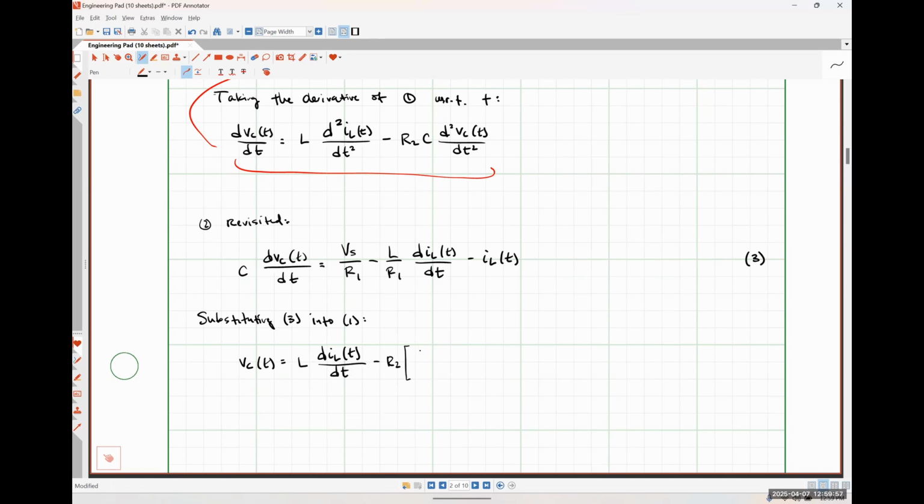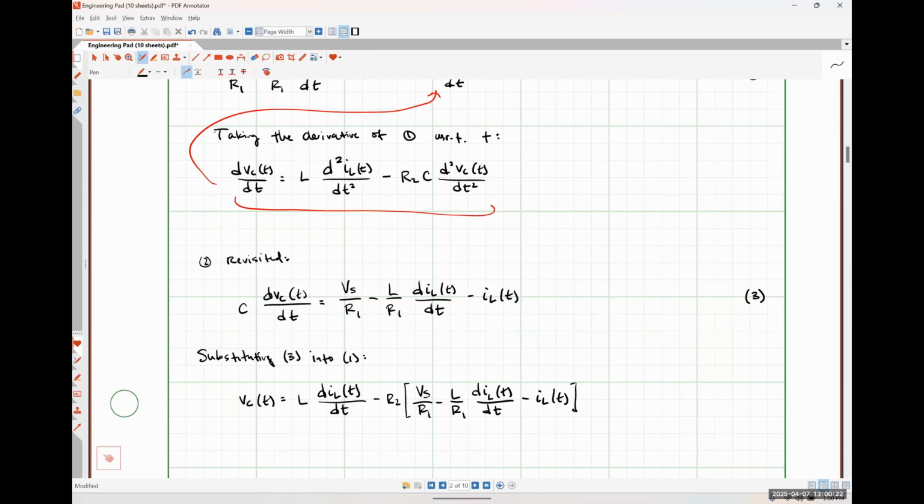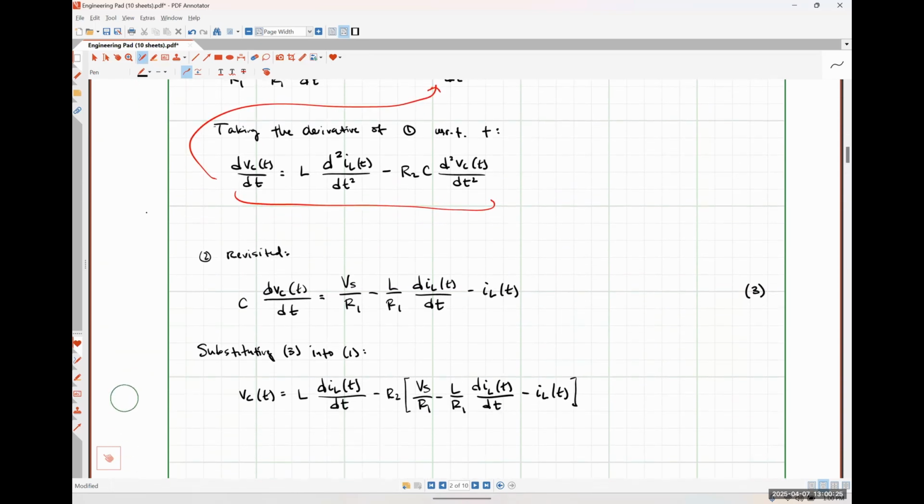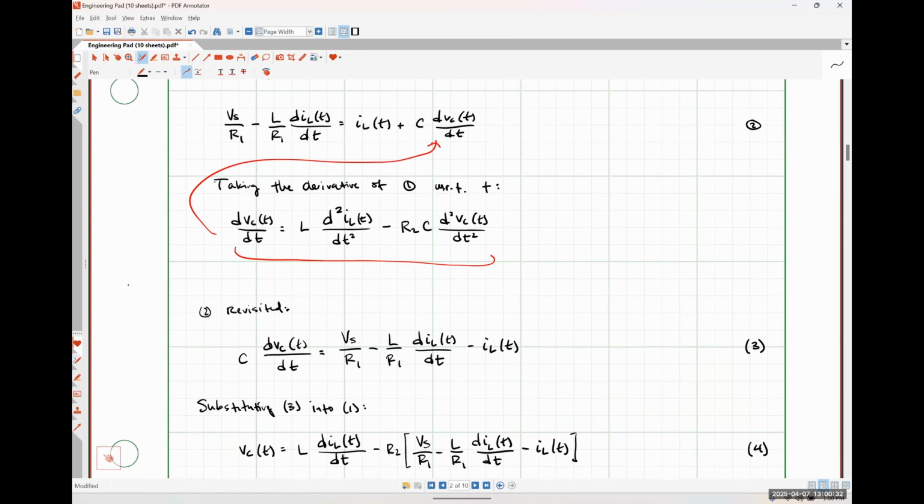Where that would be Vs over R1 minus L over R1 dIL by dt, minus IL of t. Let's call this guy 4 for right now. And goodness gracious.